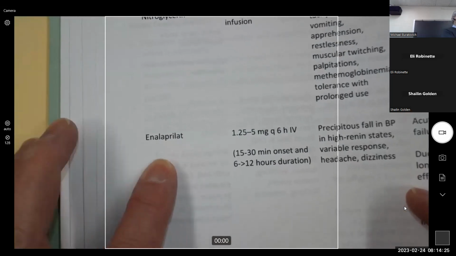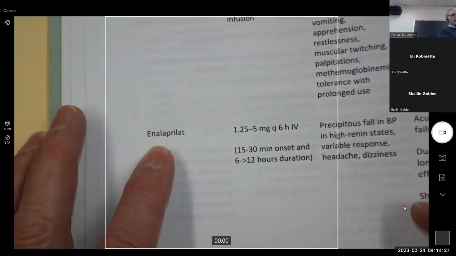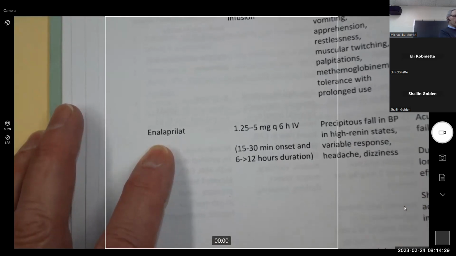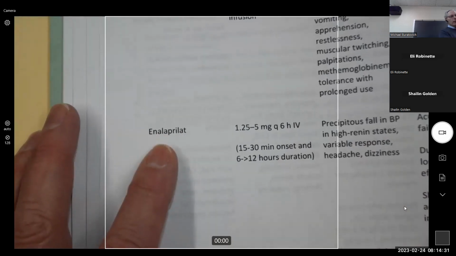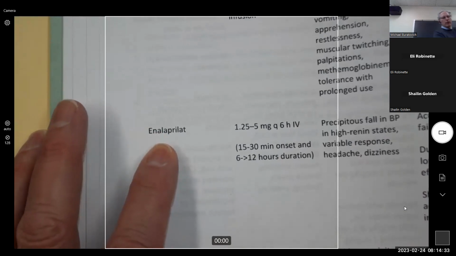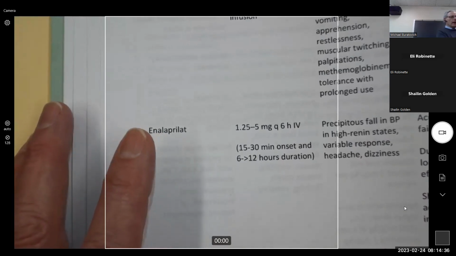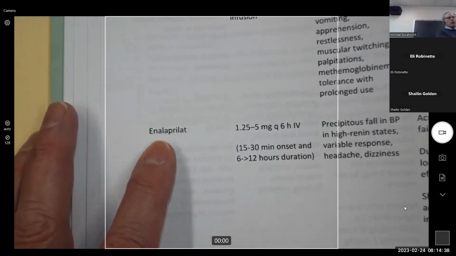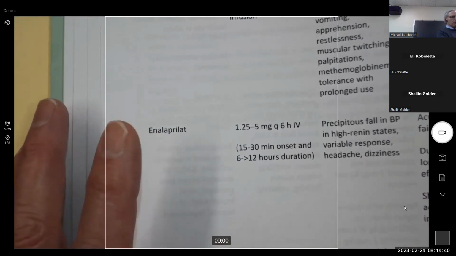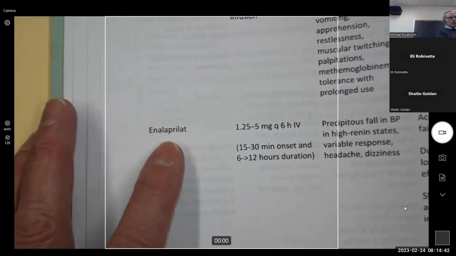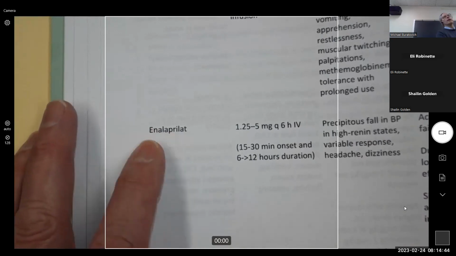Enalaprilat is the active form of enalapril, which is a prodrug. It is particularly useful for people with acute left ventricular failure. Because enalapril is a prodrug, it'll have a slow onset. It's pretty useful, however, in an emergency setting.